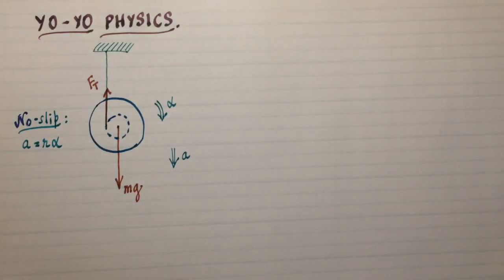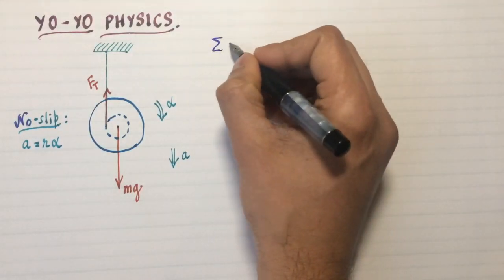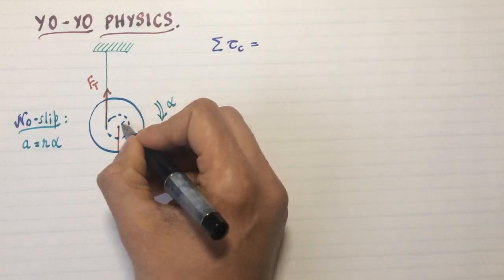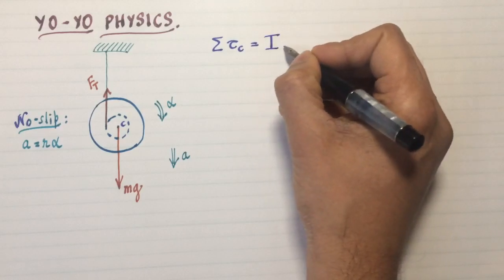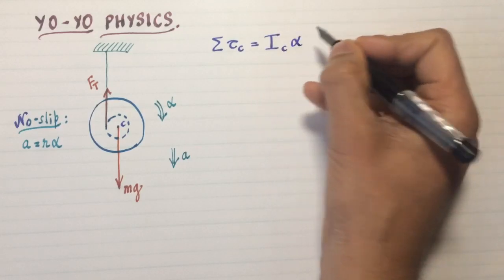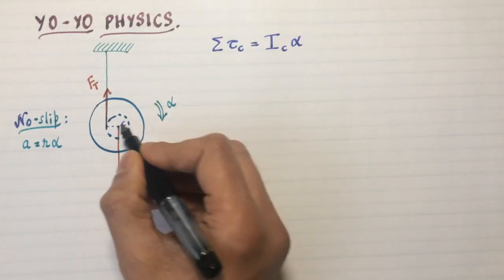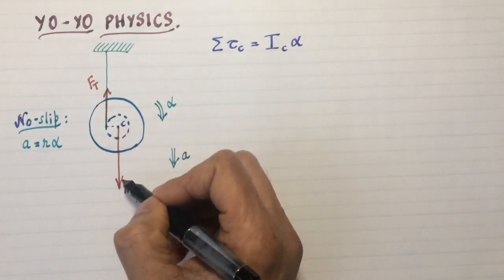So if you write the sum of all the torques that act about the center of gravity of the yo-yo, which is this point here, that's going to be equal to I times alpha according to Newton's second law of rotation.